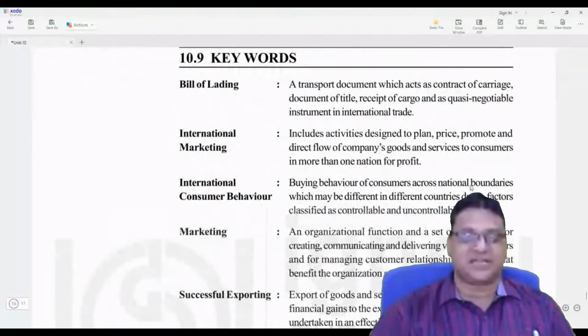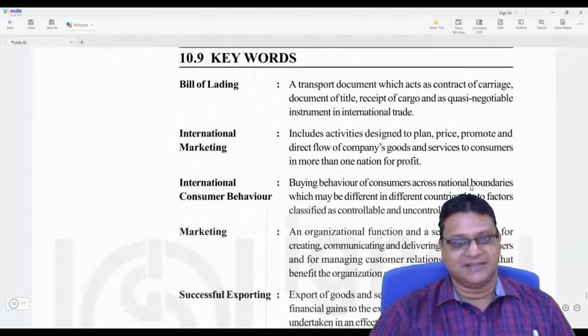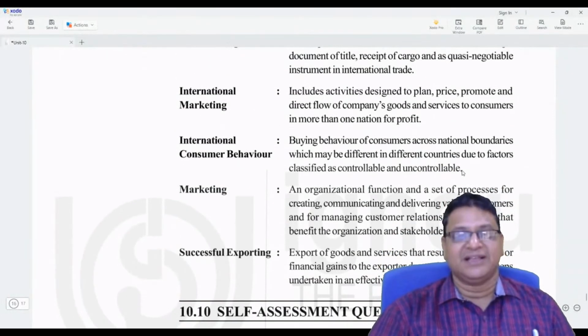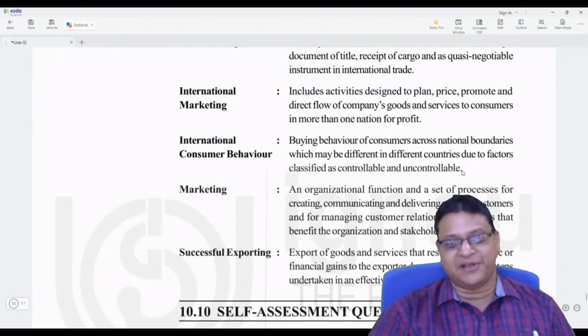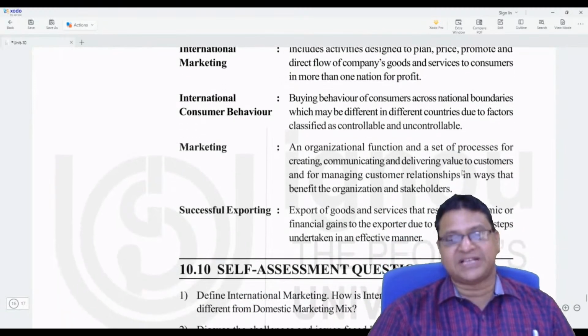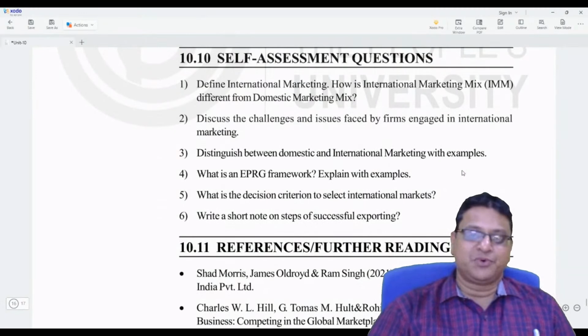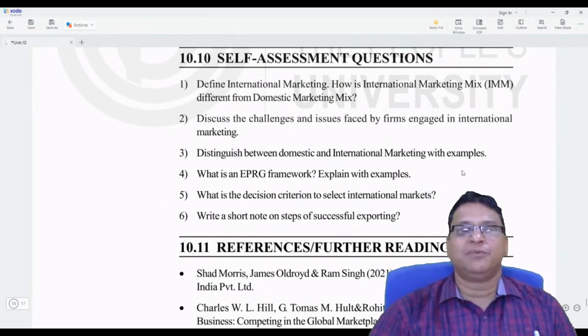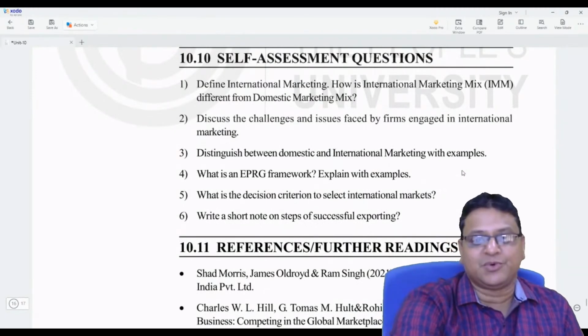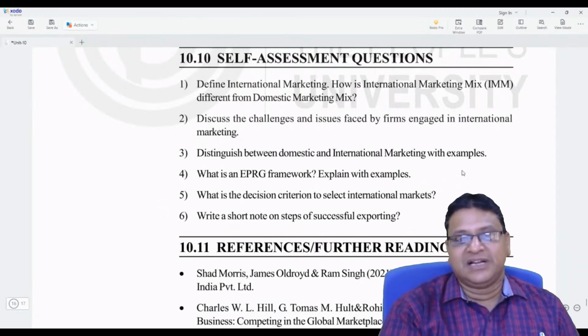In this context, we have discussed certain keywords like bill of lading, international marketing, international consumer behavior, successful exporting procedure. So from today's class, these are some of the important self-assessment questions. What are the questions? Define international marketing.